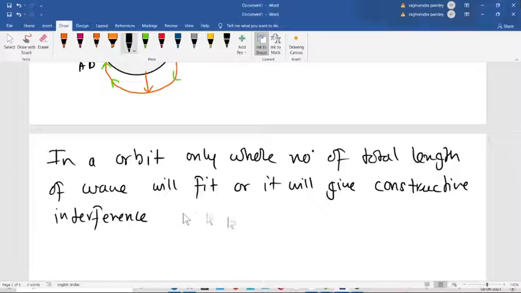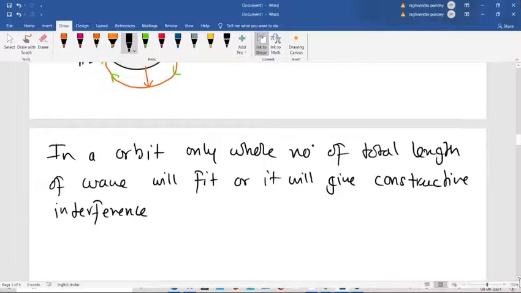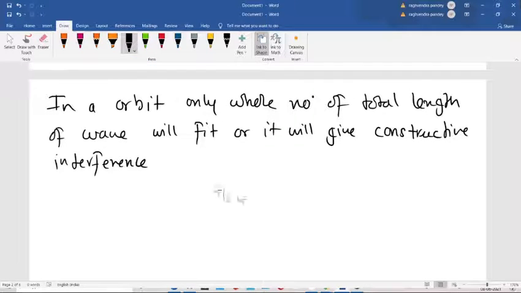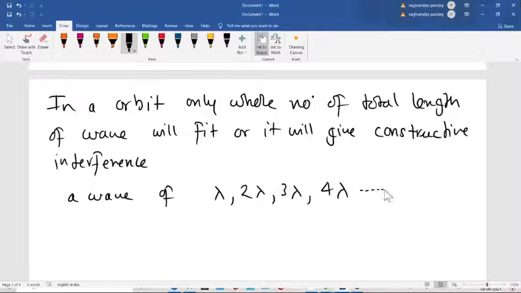That is your statement, but mathematically a wave of lambda, 2 lambda, 3 lambda, 4 lambda, up to n lambda will give constructive interference.